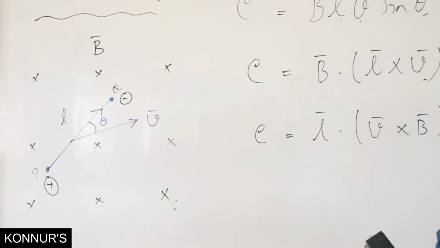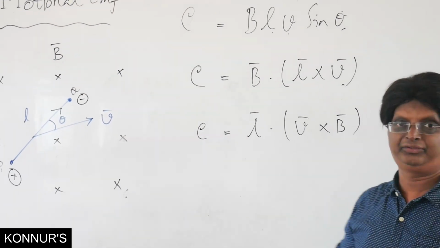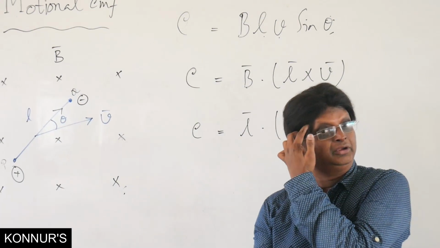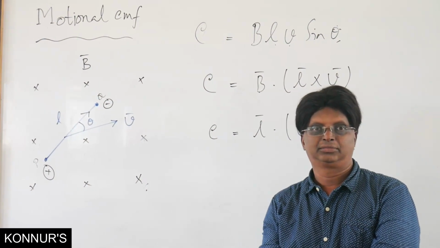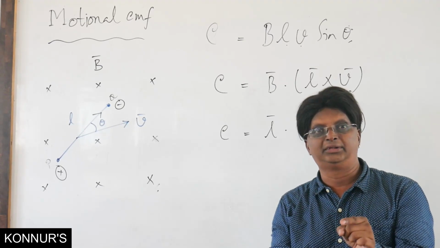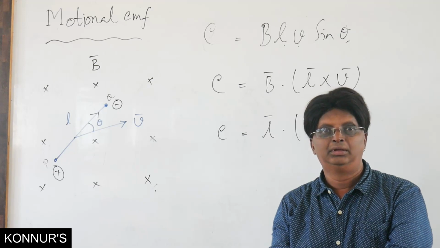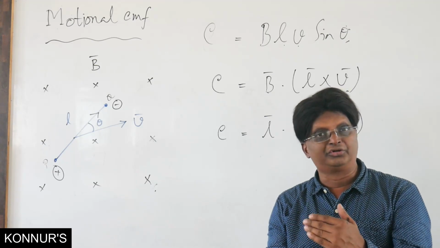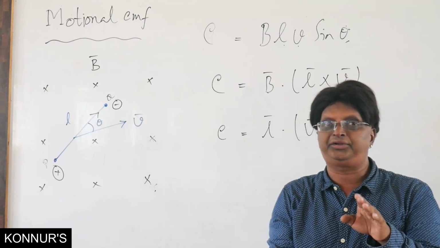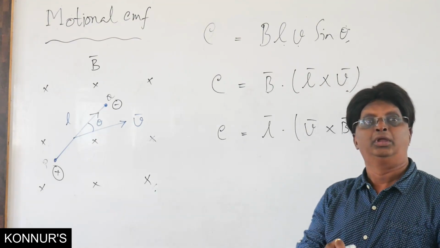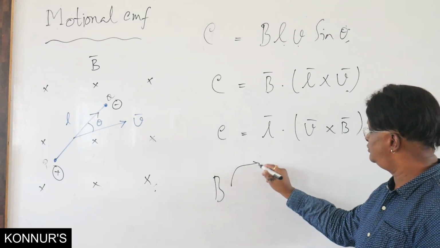Now, let me show one or two simple examples based on this BLV sin theta, because we need one clarification. When we do examples pertaining to Earth's magnetic field, with conductors in motion, not in other magnetic fields but in the magnetic field of Earth, we know by principle that Earth's magnetic induction has two components.